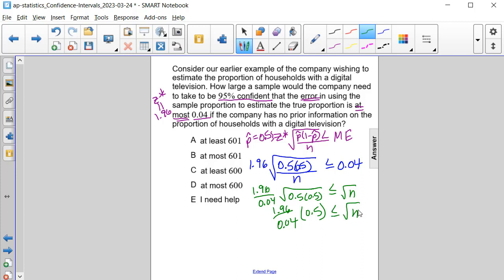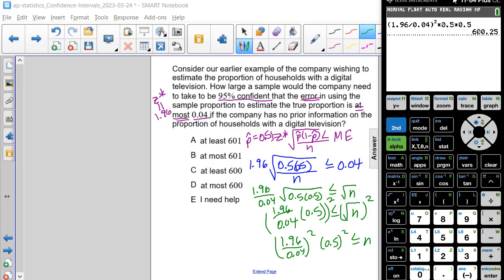And then to get rid of the square root, we have to square both sides. So we're going to have 1.96 divided by 4/100ths, squared, times 5/10ths, or 1/2, squared, and that's less than or equal to n.